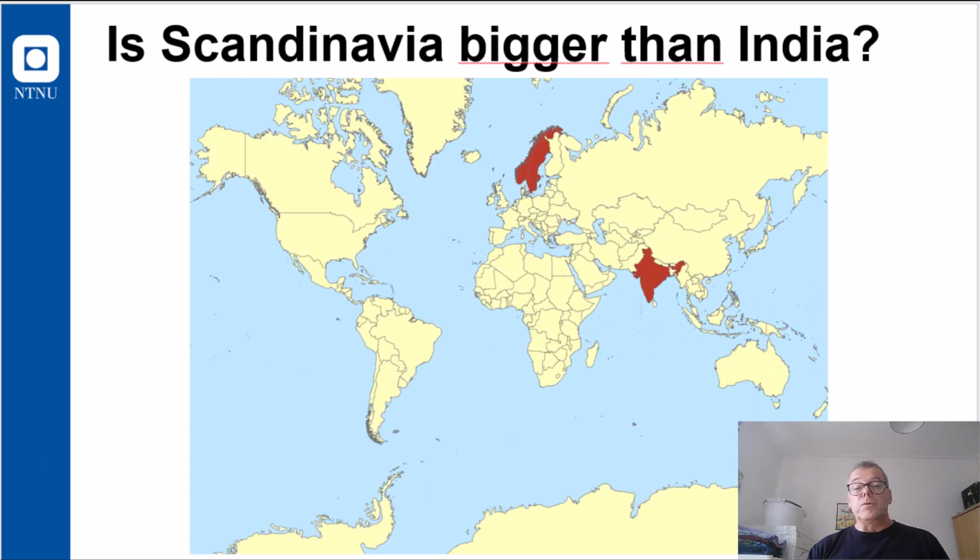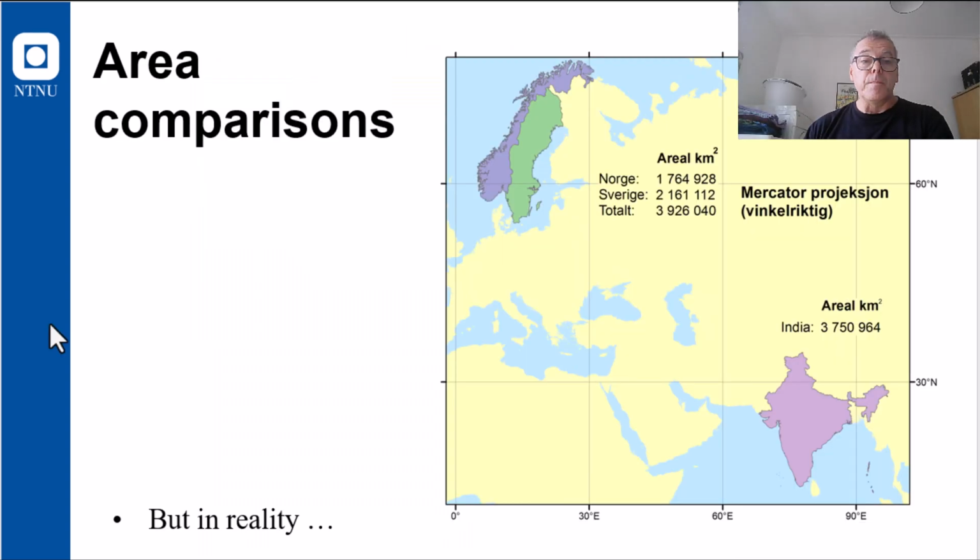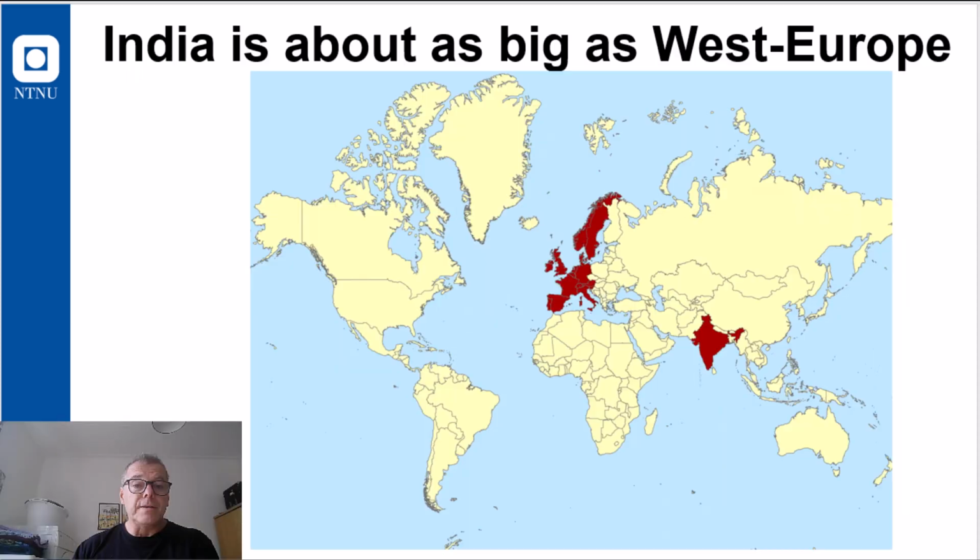From a Mercator map projection, Scandinavia becomes bigger than India. If we measure the areas on maps in Mercator projection, the total area of Norway and Sweden is larger than the total area of India. In reality, however, India is about as big as Western Europe.